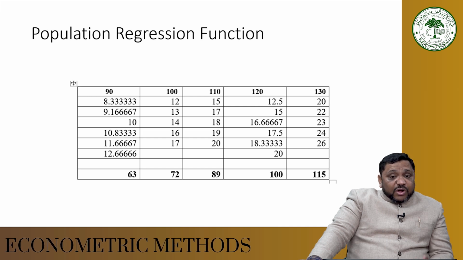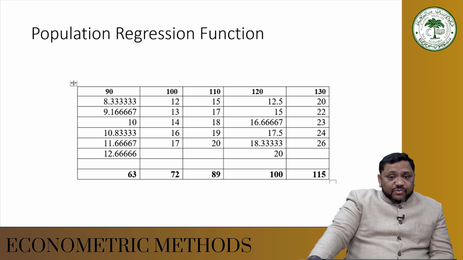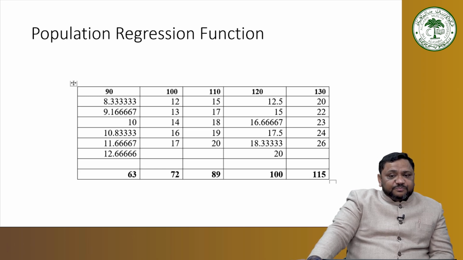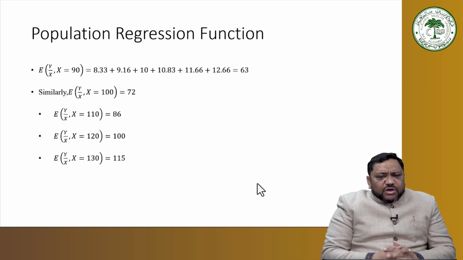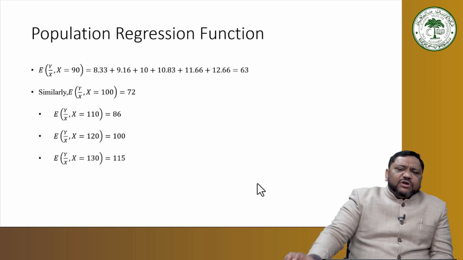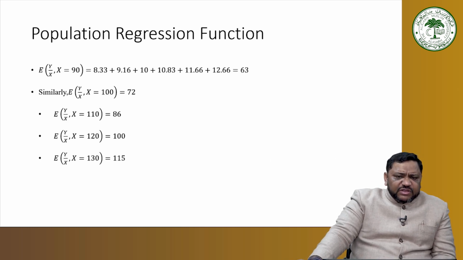Now, only one level of consumption cannot be associated with the level of income, which gives the relationship between consumption and income. The probabilities are all given over here. So instead we say that each one of the consumption levels is associated with the level of income.